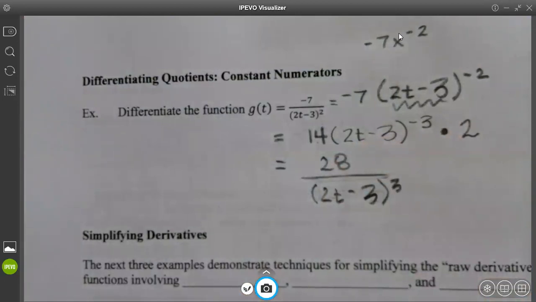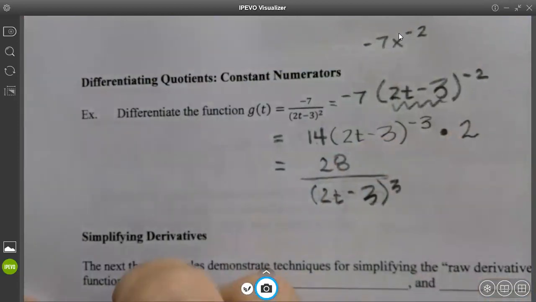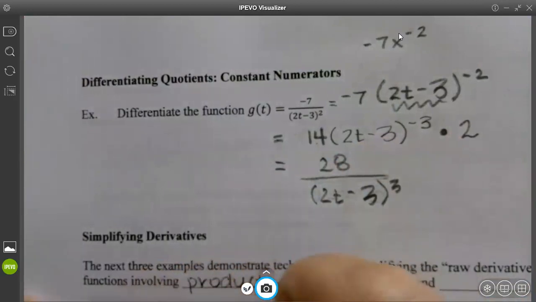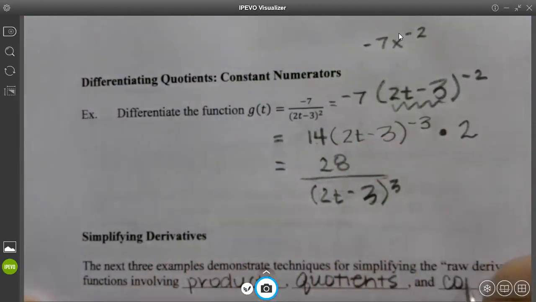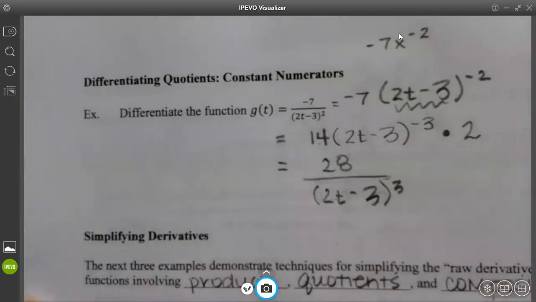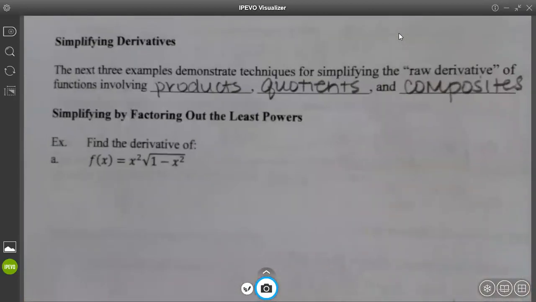The next 3 examples demonstrate techniques for simplifying the raw derivative of functions involving products, quotients, and composites. So all this is the chain rule within the product rule.